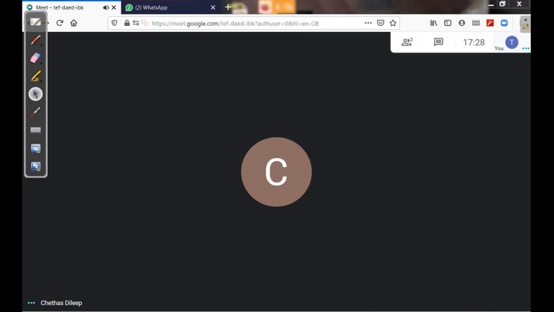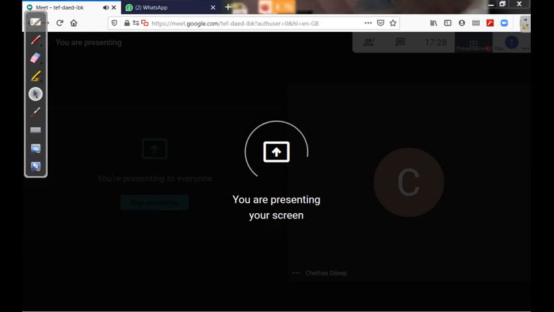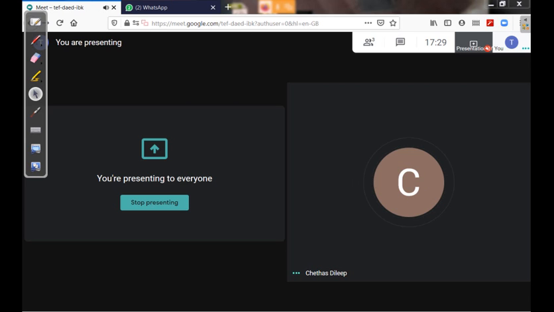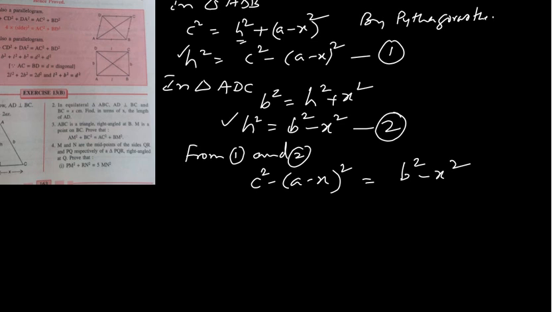No, it still says blank screen. If you're presenting, but there's only a blank screen. Okay, we'll try. One second, I'll get that fixed.